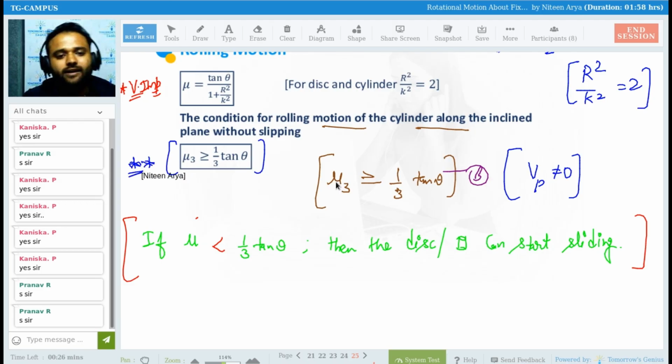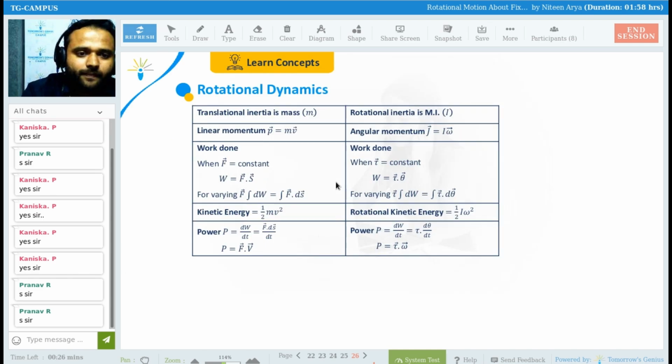If it is not fulfilled, if you have this mu, which is the coefficient of kinetic friction, then the disc can start sliding. Vp is not 0 there, and Vp is 0 which means the body is rolling. Rolling is rotational motion as well as translation motion. Clear?